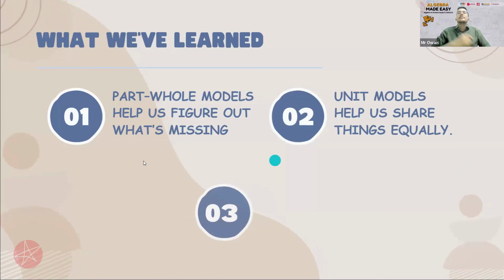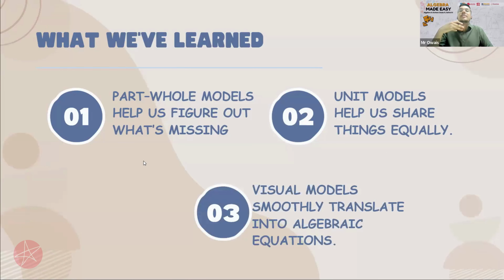And then we also talked about how visual models actually translate into algebraic equations, right? Algebraic equations are the ones that use letters. So instead of writing something like where we had 4 kangaroos, right? So instead of writing 4 kangaroos, I actually simply use a letter instead. So I said 4K. And then instead of putting the arrow, I will say is equal to 120. Remember that question?